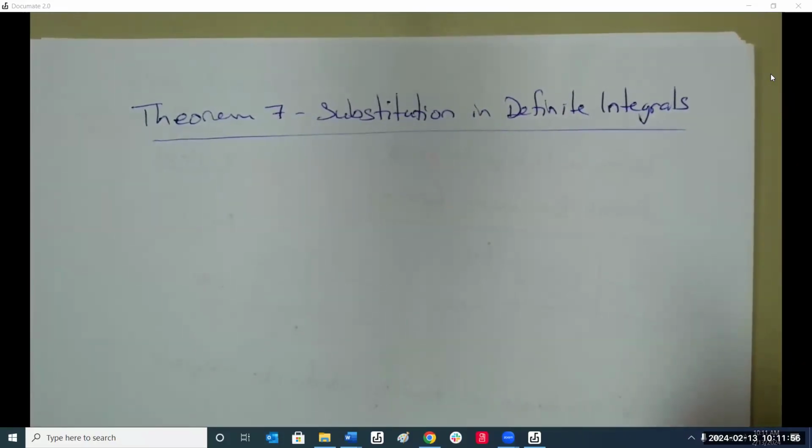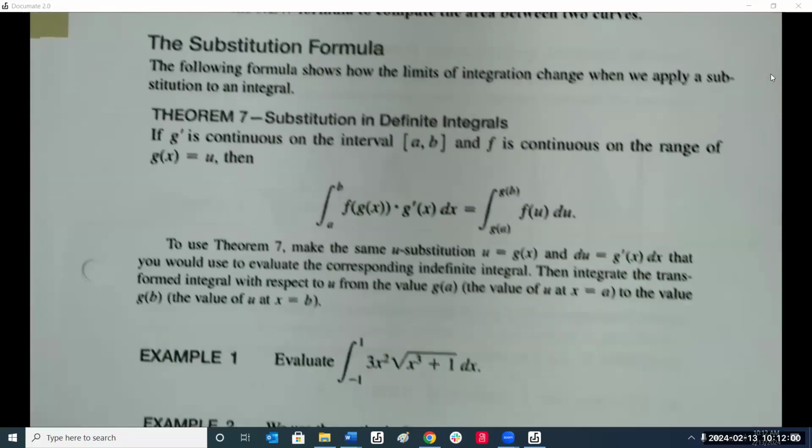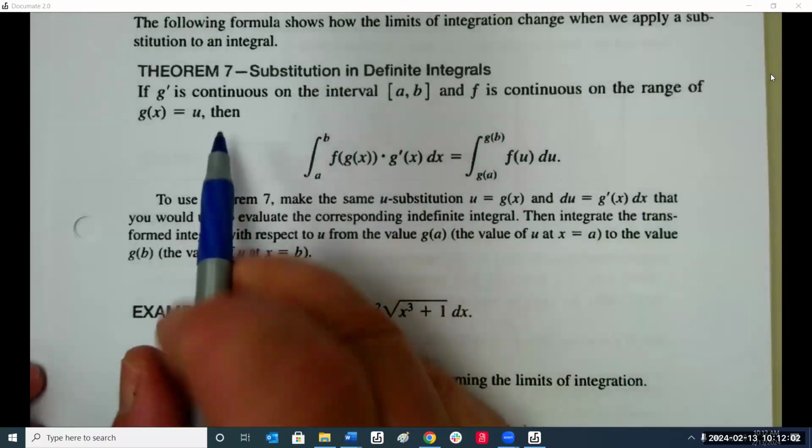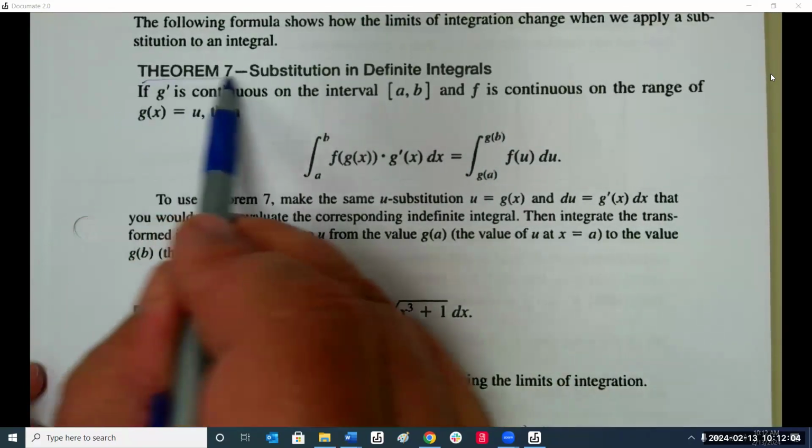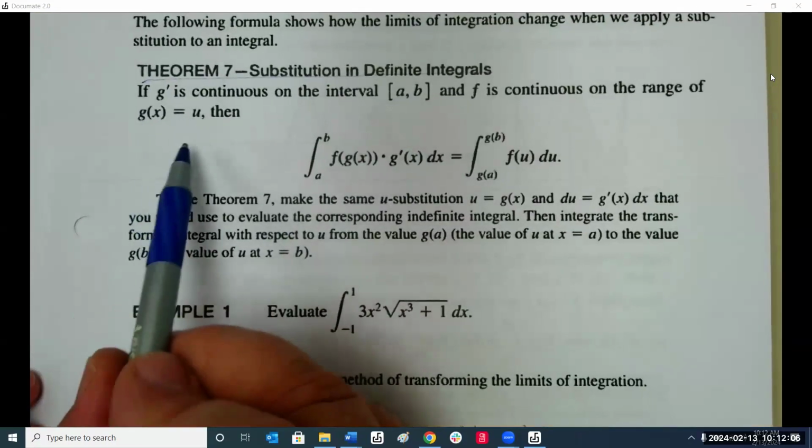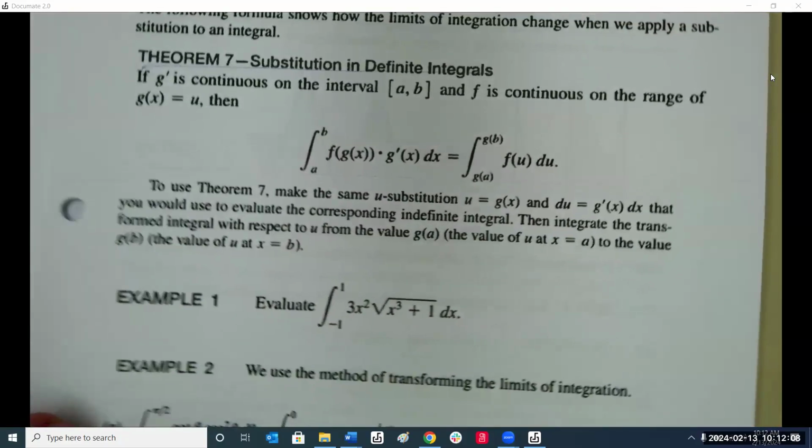Right. And actually here in the packet I gave you last week, we use this one here. Now write down so we could use it.